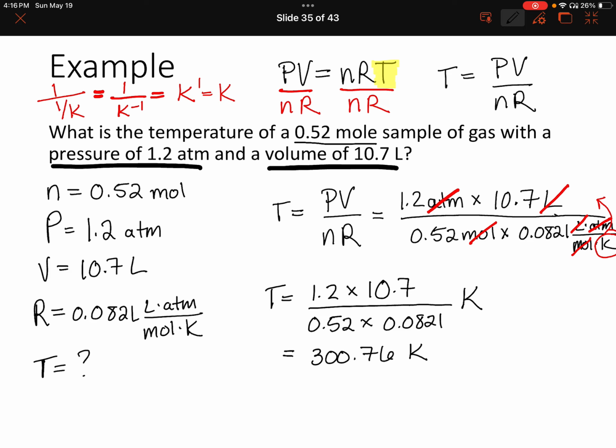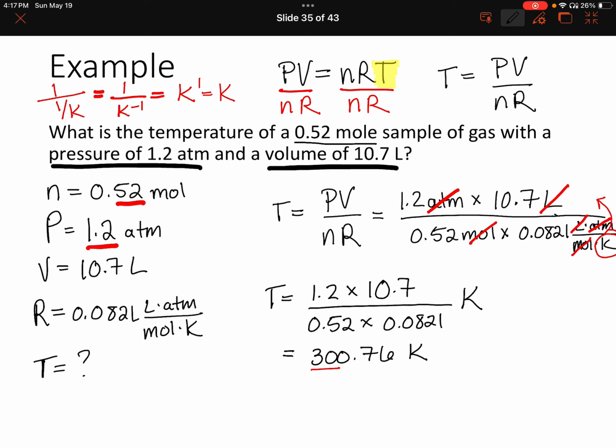Well, it looks like most of our values have 2 sig figs. Volume has 3, the gas constant has 3, but again, when we're multiplying and dividing, we want to have the least number of sig figs. So we're going to limit our value to 2 sig figs here.